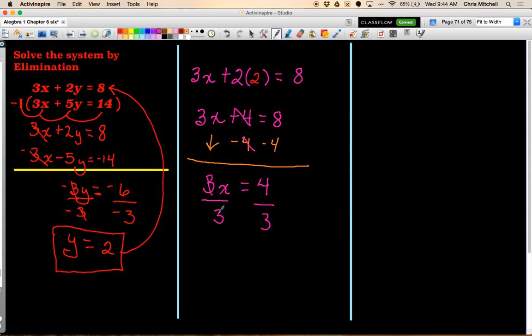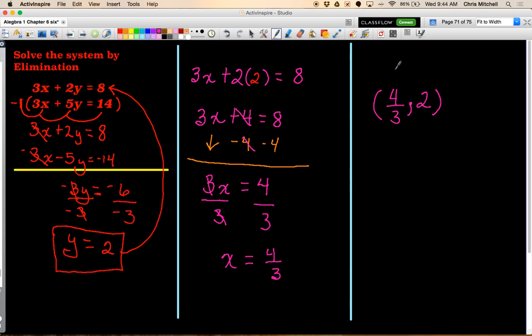My 3's cancel out, so x equals 4/3. This is how you should write your answer. 4/3 represents x, and the y is simply 2.